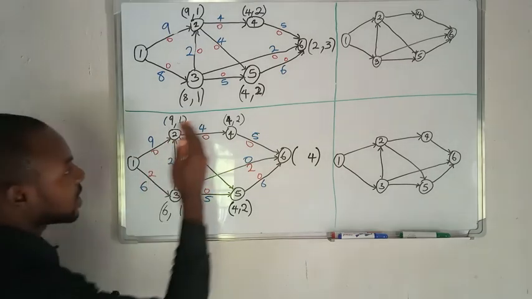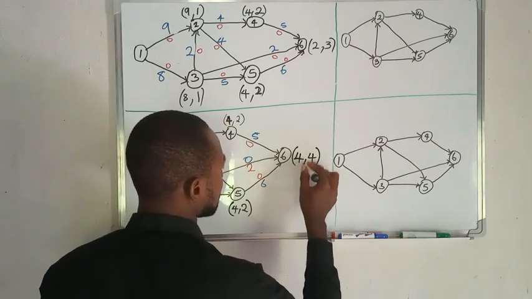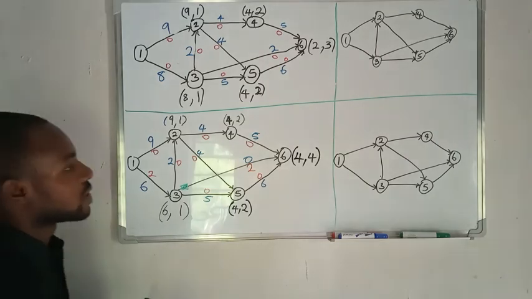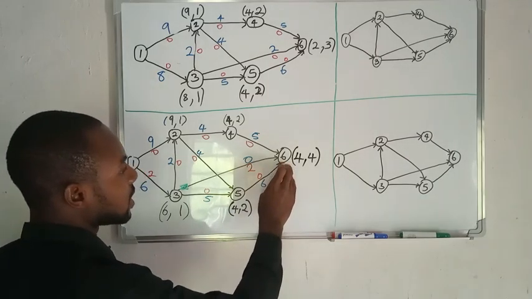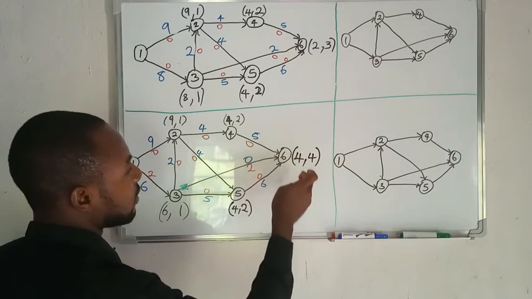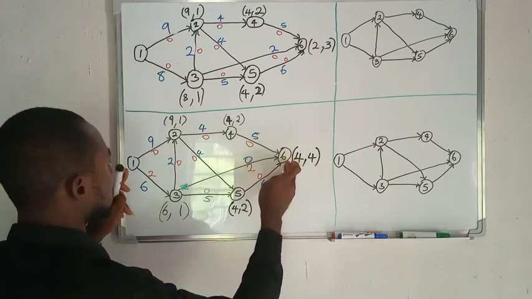So 5 is greater than 4, so we write 4 here, write the smaller capacity, and after that, since we have labeled the sink node, we start to subtract this flow from the nodes that connect to this place.